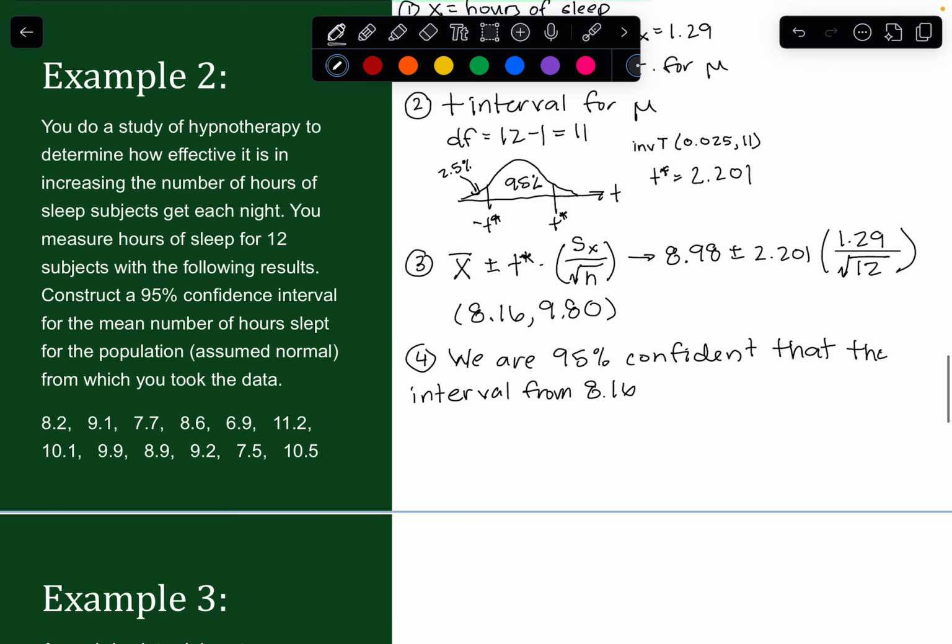So this is 8.16 hours to 9.80 hours captures the true mean, and then I'm going to give context from the problem, hours slept for the population.